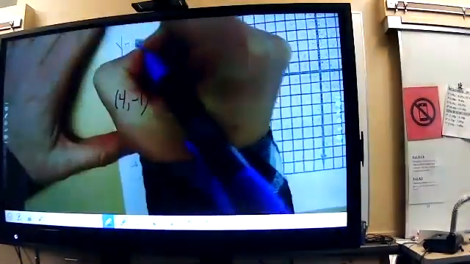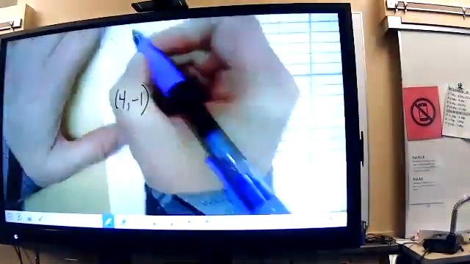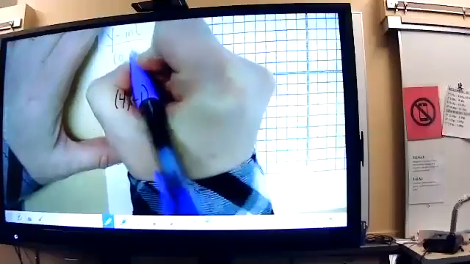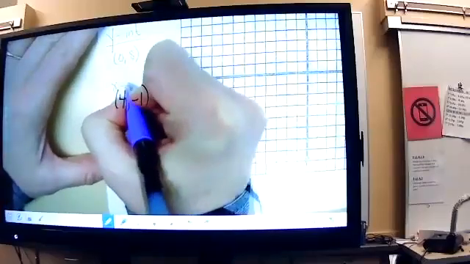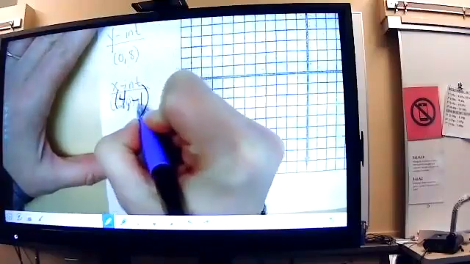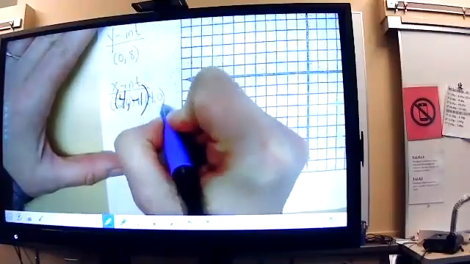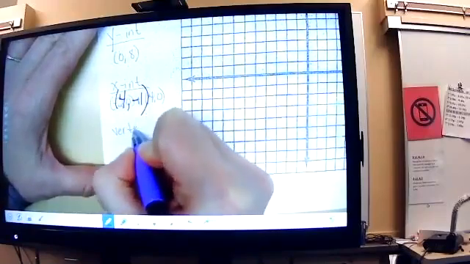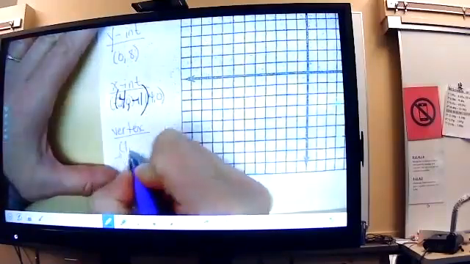So here is what we need. You need the y-intercept at 0, 8. You need the x-intercepts at -2, 0, and 4, 0. And you need the vertex at 1, -9.